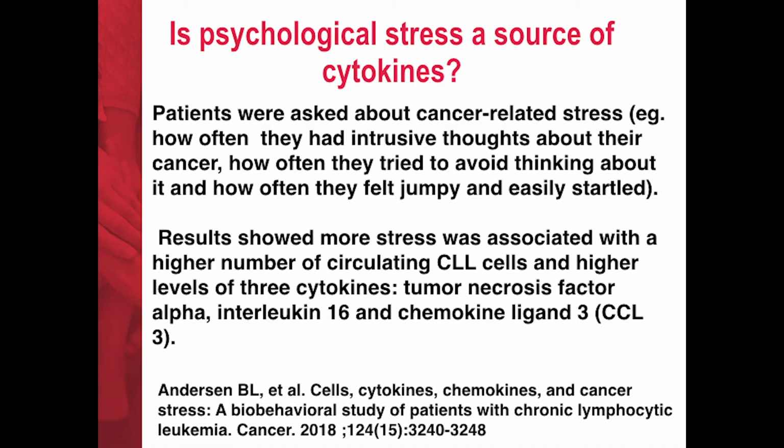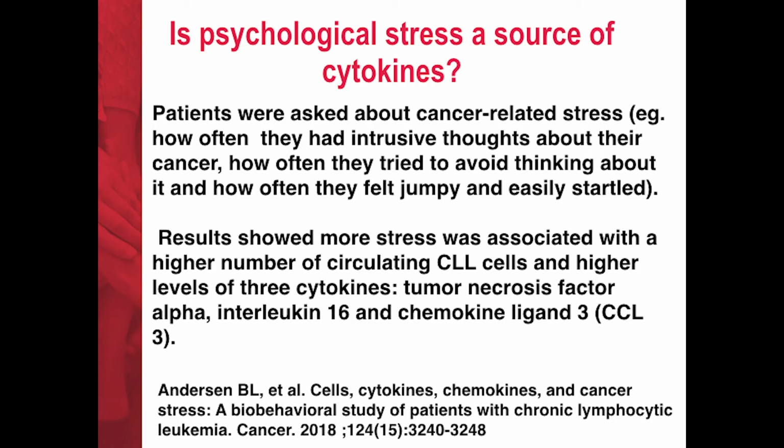And patients were asked about cancer-related stress, and some of the questions were how often they had intrusive thoughts about their cancer, how often they tried to avoid thinking about it, and then how often they felt jumpy and easily startled. And the results did show that more stress was associated with a higher number of circulating CLL cells and higher levels of cytokines, which included TNF-alpha.